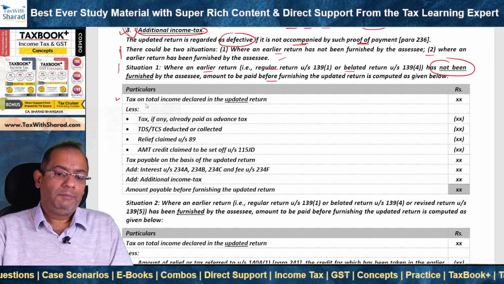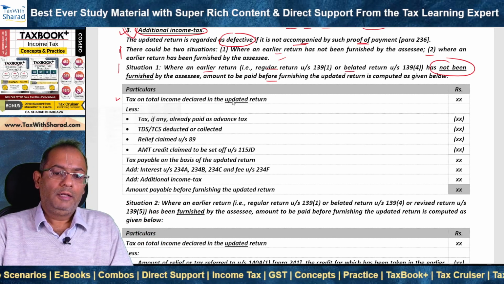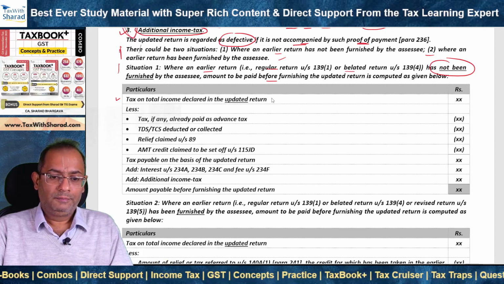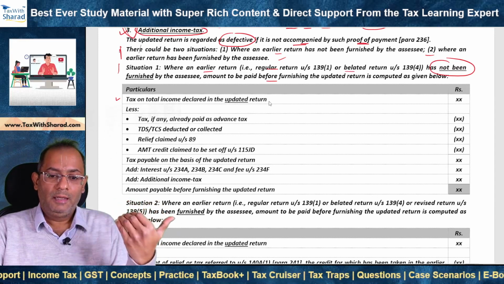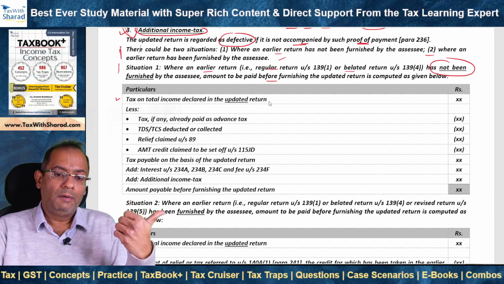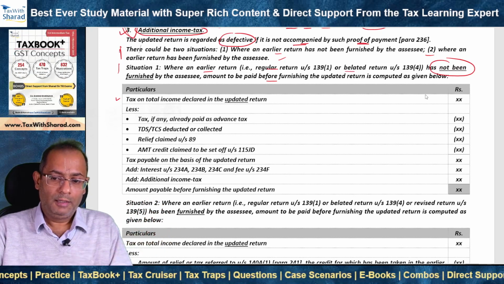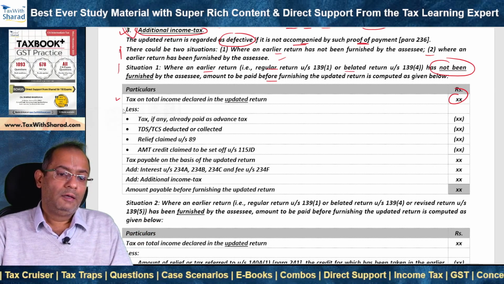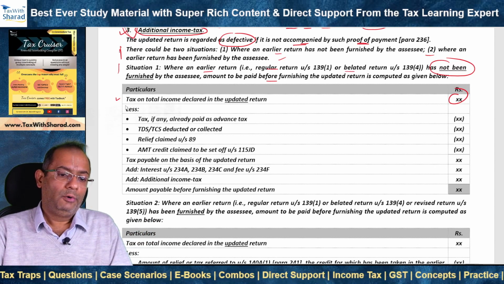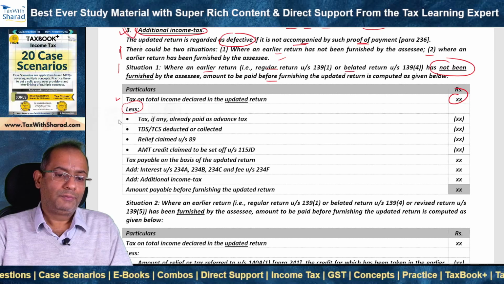So the first step is to compute the tax on total income declared in the updated return. Okay. So the amount of total income which the person is declaring in the updated return, you need to compute tax on that amount of total income. Right. This is number one. From such tax, the following are to be reduced.